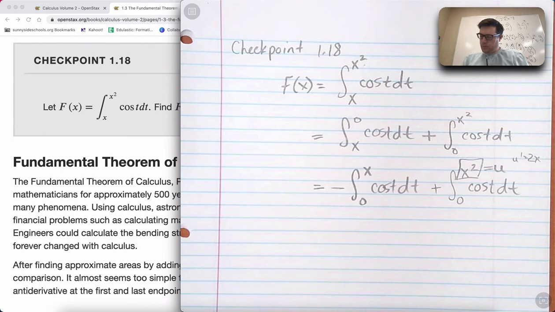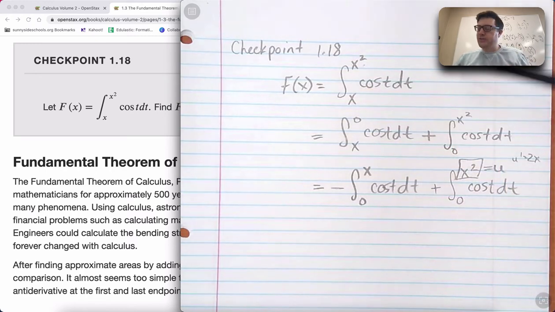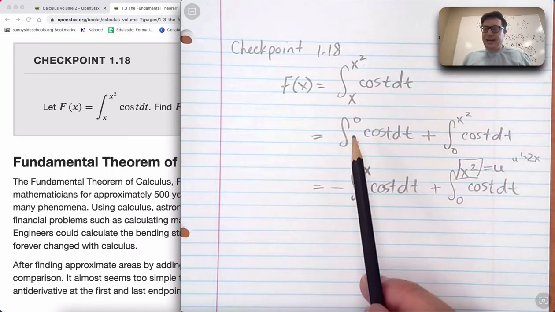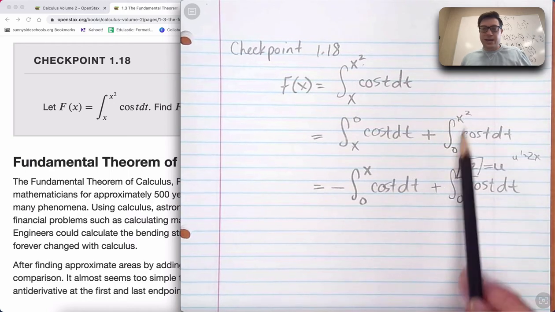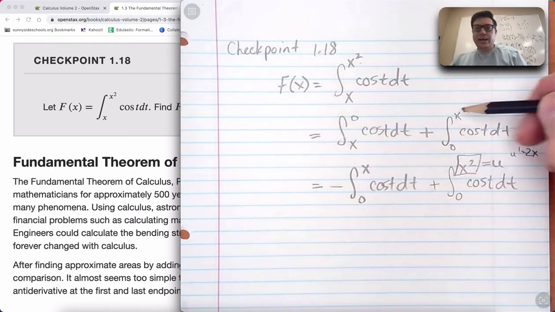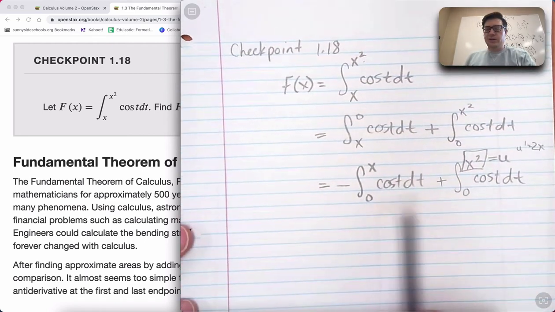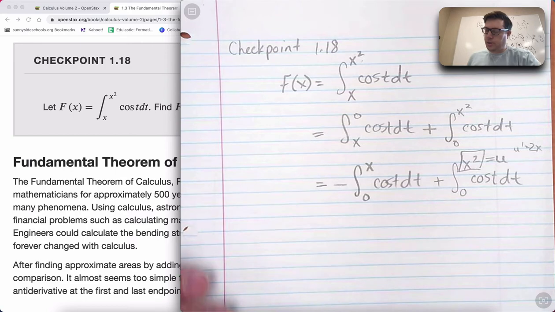Now, that's a way to break up any integral where we have variable limits of integration, both of them being variable, where we go from x to 0 and then from 0 to x squared. Technically, going through the 0 is actually the same as going from x to x squared directly. But we need to have this constant term in the bottom to know what to do with it.